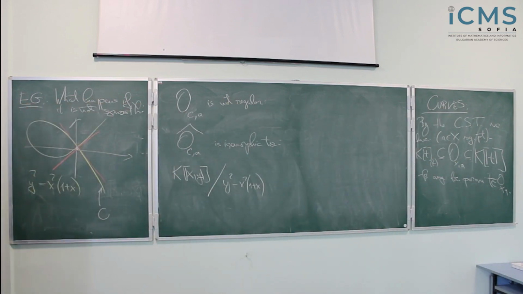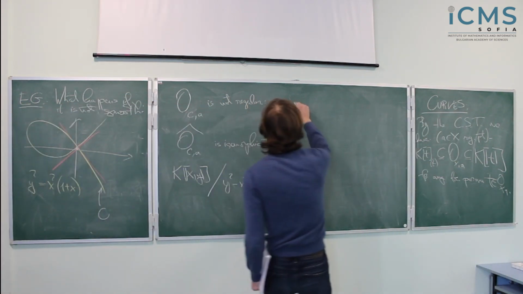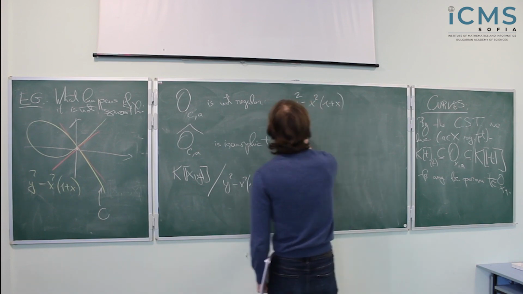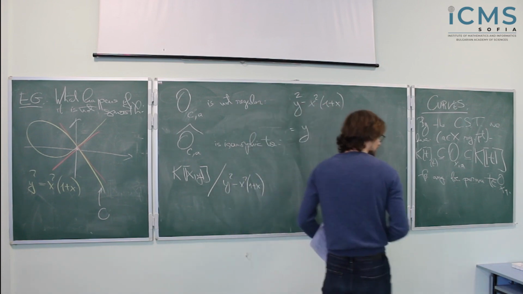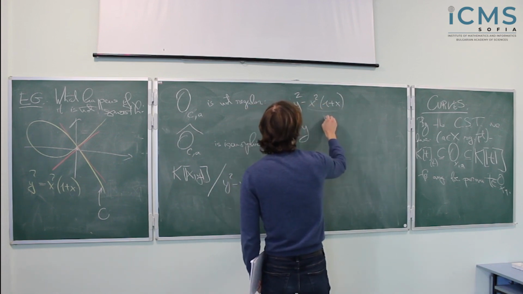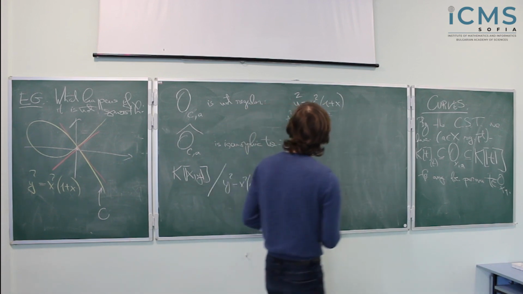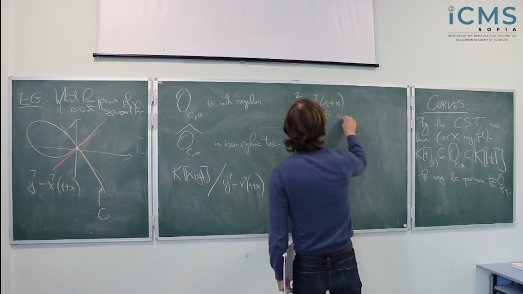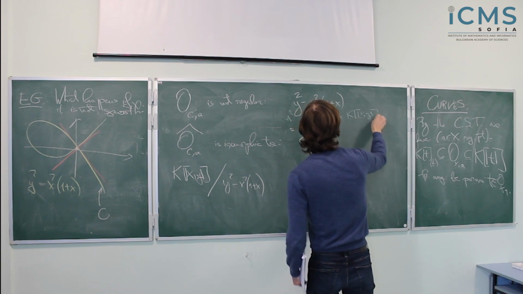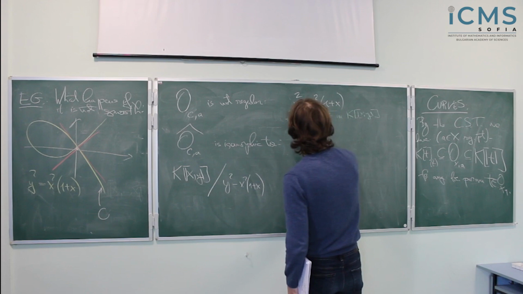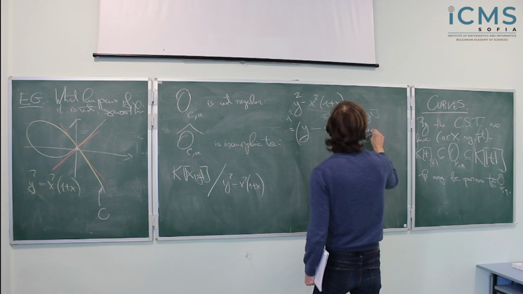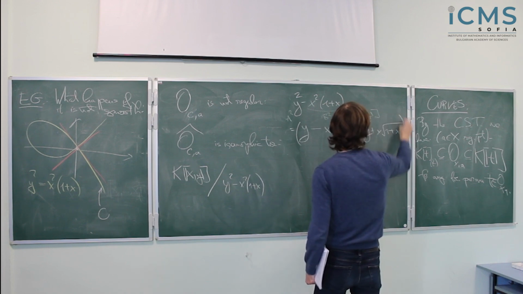You can factor it in a very interesting way: (y minus x times the square root of 1 plus x) times (y plus x times the square root of 1 plus x).